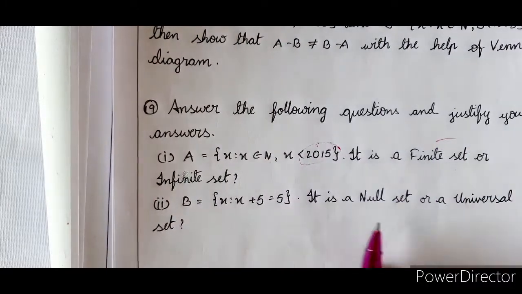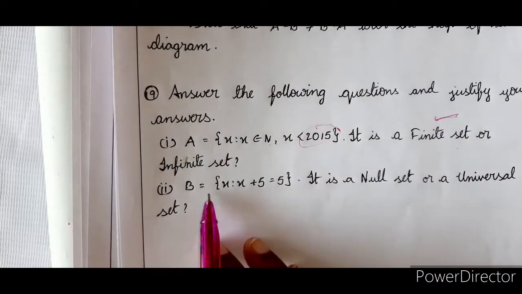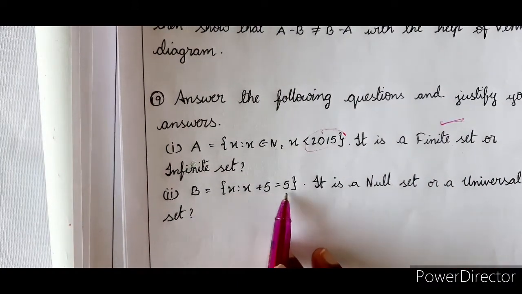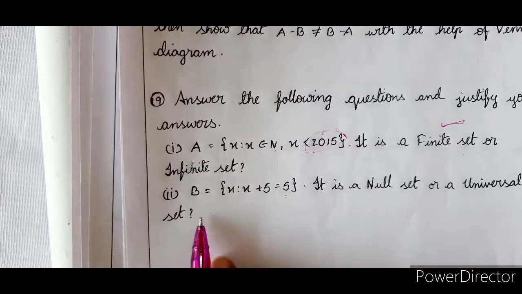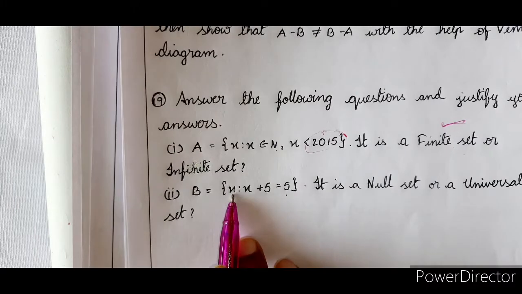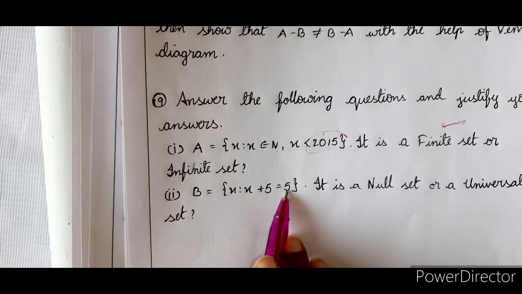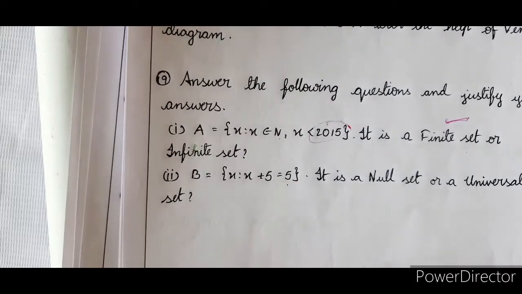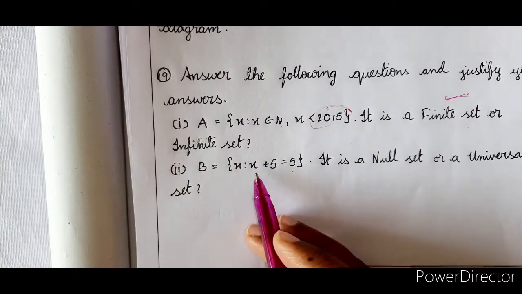So, it's a finite set, right? And now x plus 5 is equal to 5. It is a null set or universal set, such that x plus 5 is equal to 5. And here, he didn't specify which number x is.